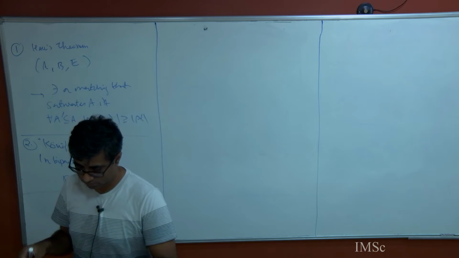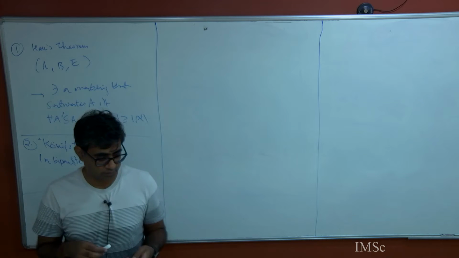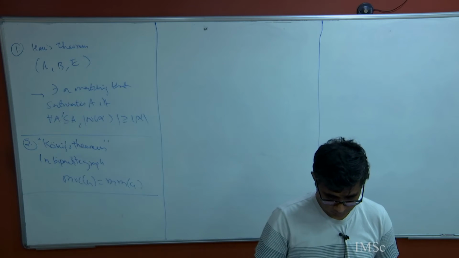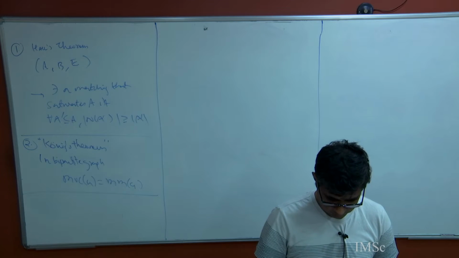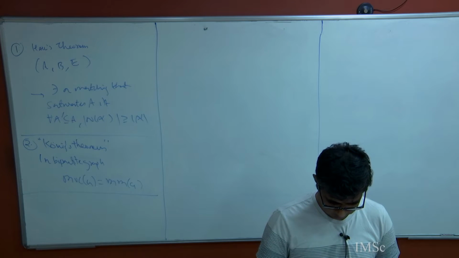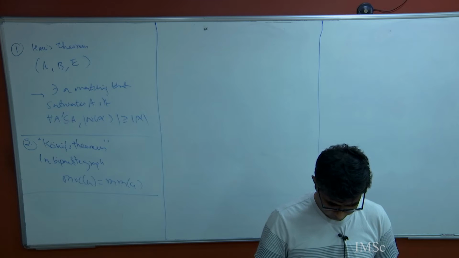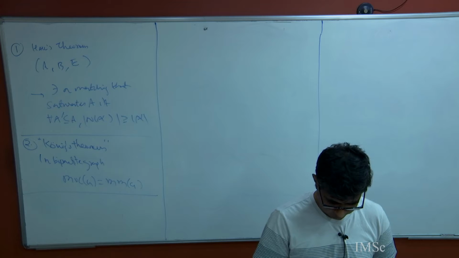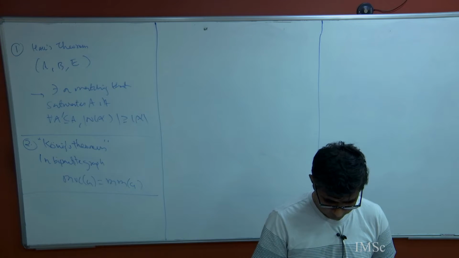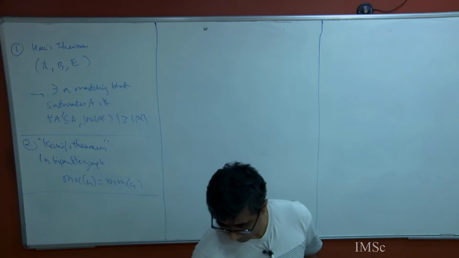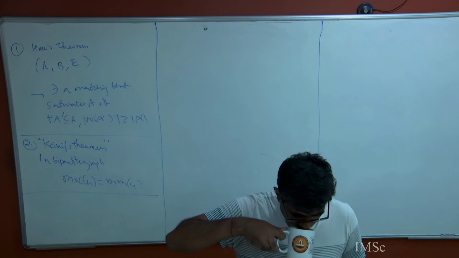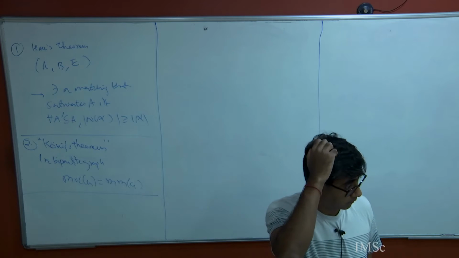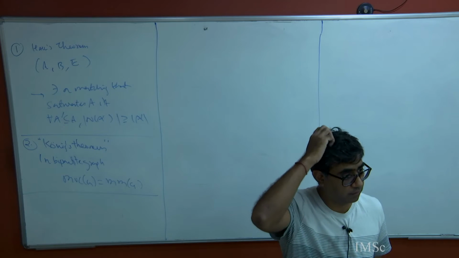Give me an example of one such graph, a graph which is not bipartite where the minimum vertex cover is equal to the maximum matching.